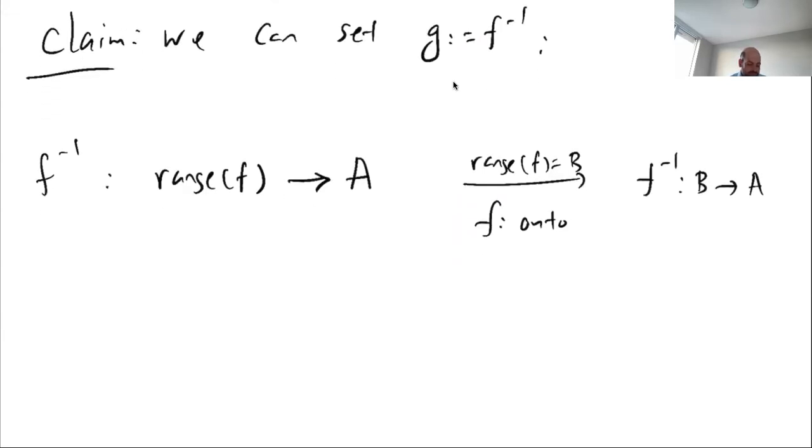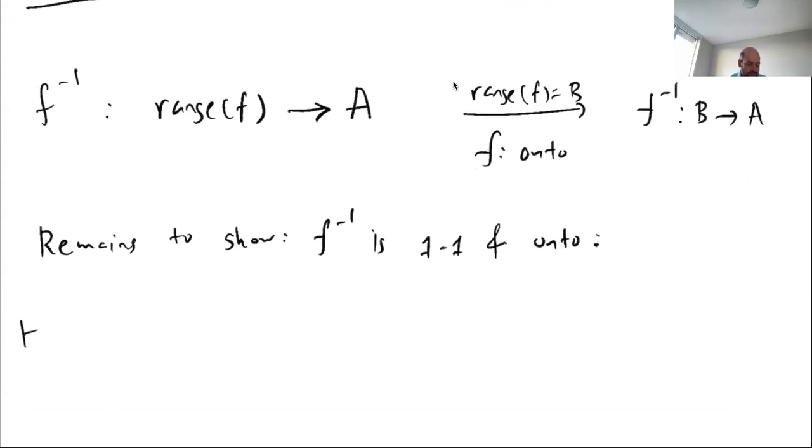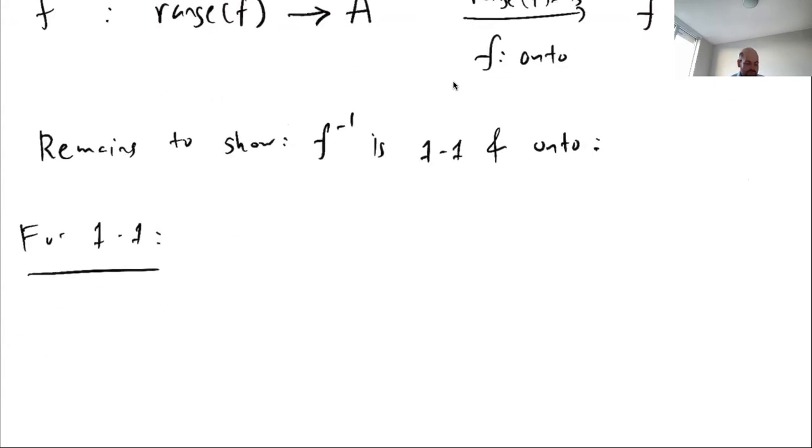It remains to show that F inverse is 1-to-1 and onto. For 1-to-1, I think this was a pre-calculus exercise: if f is 1-to-1, f inverse is also 1-to-1. Why is it 1-to-1?